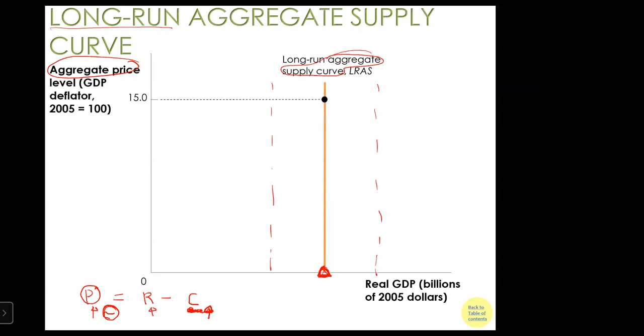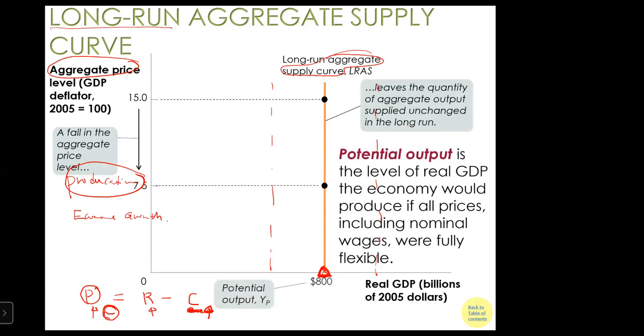The answer to this question will link to the earlier discussion we had regarding production, what we discussed in the chapter on economic growth. So what determines production? By the way, here we call this level potential output.